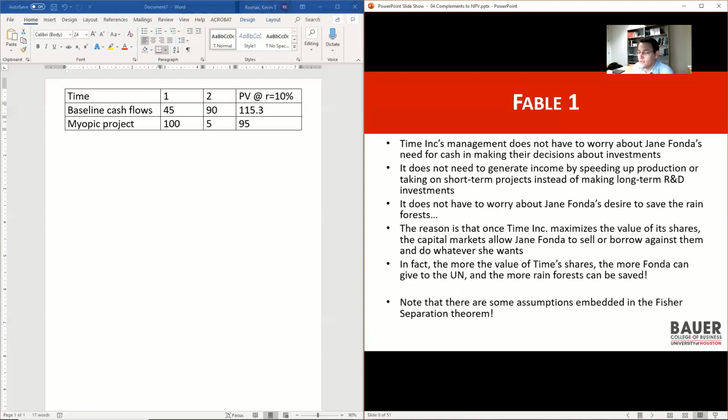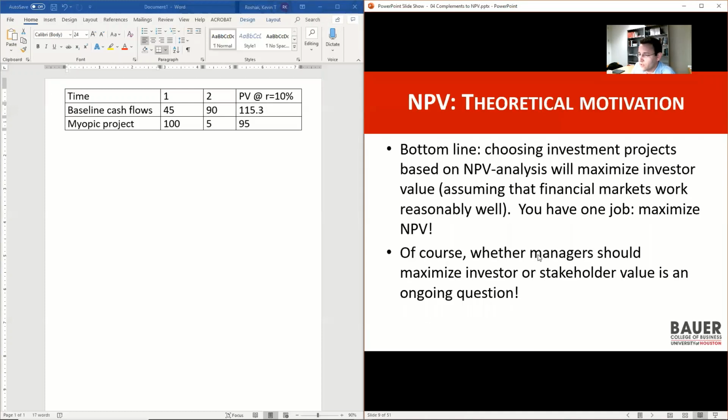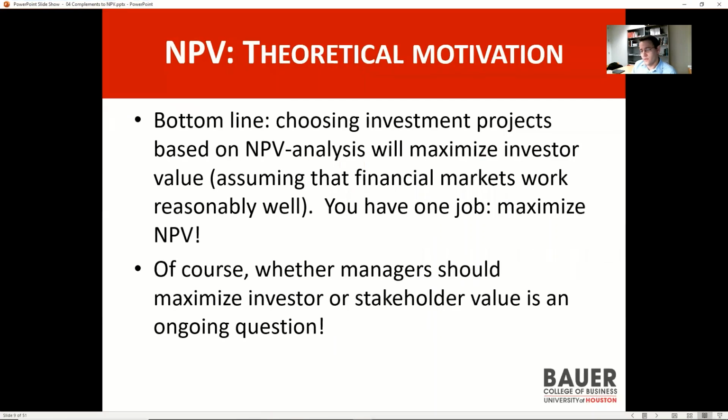We're obviously going to talk in a little bit about what happens if financial markets are not working well, what else we can do. But for now, if financial markets are working well, you have no other problem. All you have to do is maximize NPV. So in this example, you had to sell shares or get a loan. All right, so that brings us to the bottom line of this fancy sounding Fisher separation theorem. All you have to do is maximize NPV, and that's going to be the best thing for your investors.